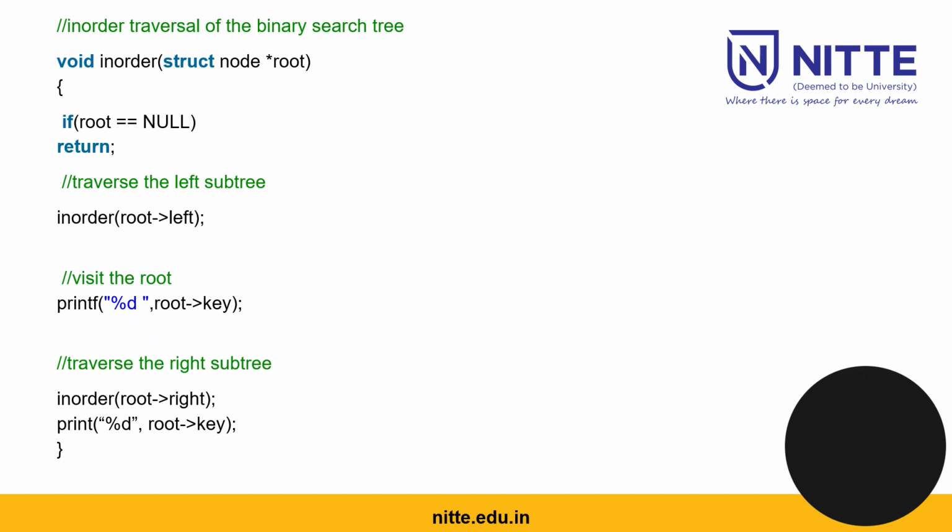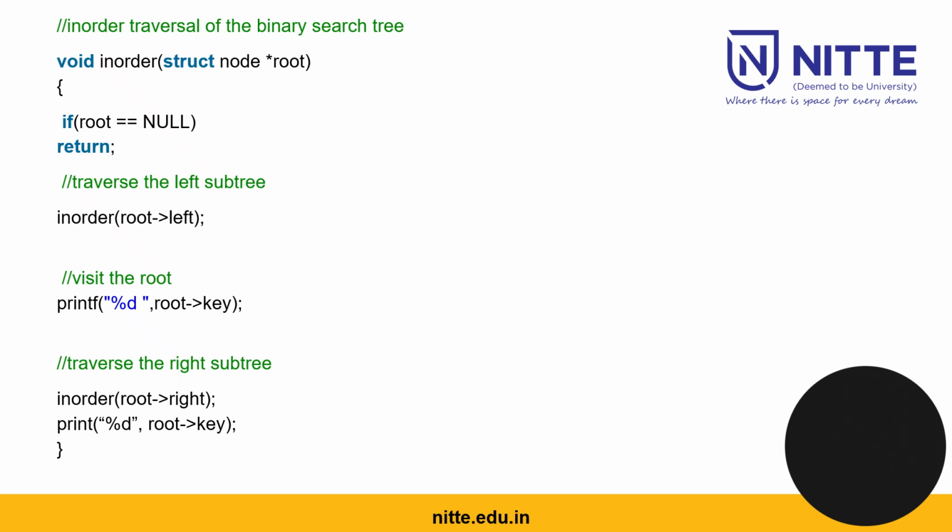So what it will do? It will print the key of this root. Then it will traverse the right subtree, that is inorder(root->right), and print the key on the right side.